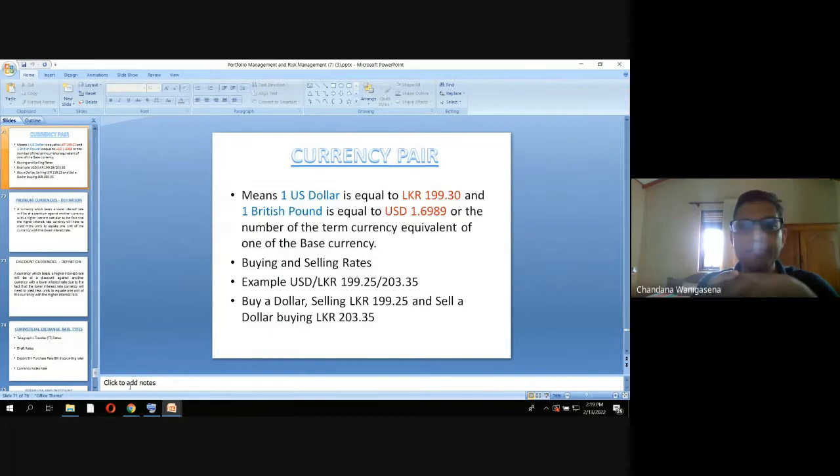So you can basically multiply 1.689 into 199.3. That's the cross currency. Using cross currency, you can calculate that rate as well. Just to get some understanding, let's multiply 199 into 1.699. If you use this rate, it's about 338.